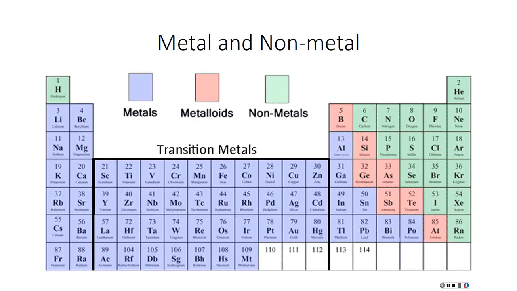It acts more like a metal because it's on this side, but it's touching the line, so it technically is a metalloid. So anything touching the line is a metalloid. Then metals are to the left, and nonmetals are to the right. The ones at the bottom are metals, because they sit right here, well within the metal range.